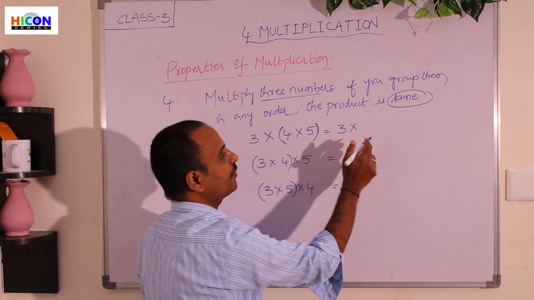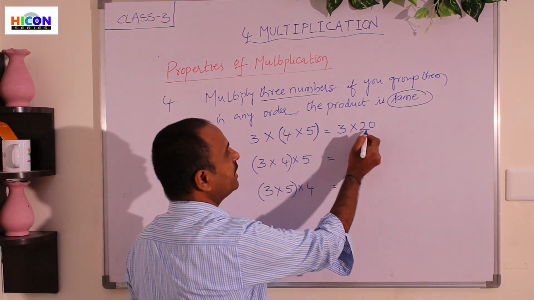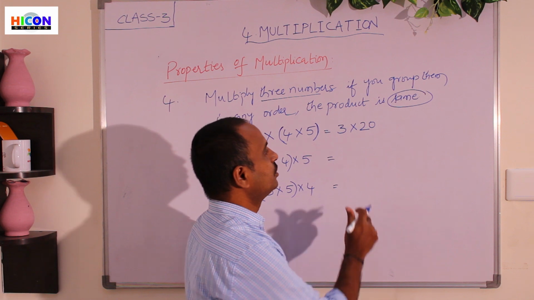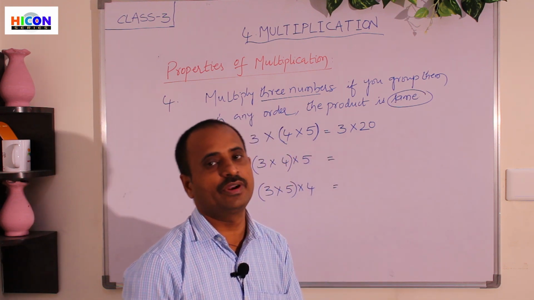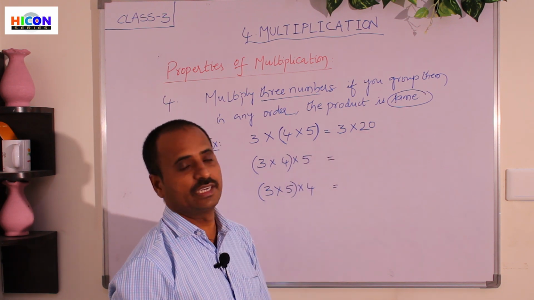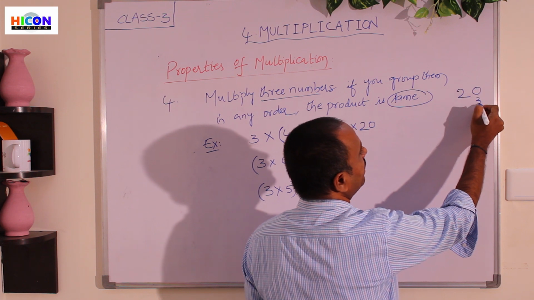Children, how much? 4 fives are 20, and 20 threes, how much? So do this multiplication in your rough work. Already you have learned how to multiply a number with a single number. Now I will multiply 20 and 3.